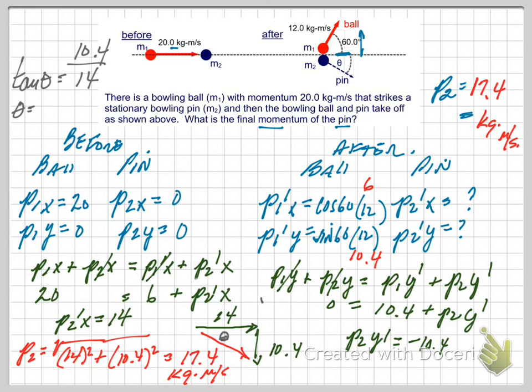So theta would equal the inverse tangent of 0.74. Inverse tan 0.74, and that's going to equal 36.5 degrees below horizontal.